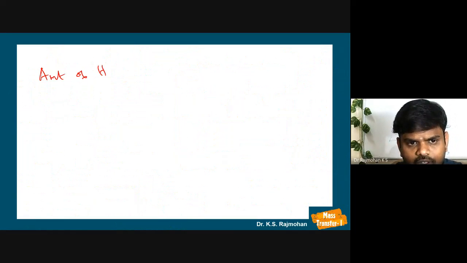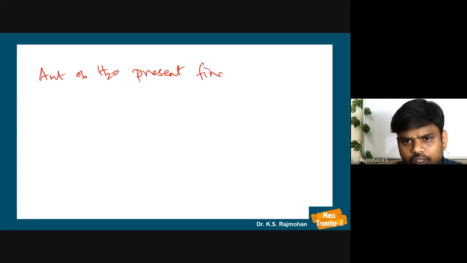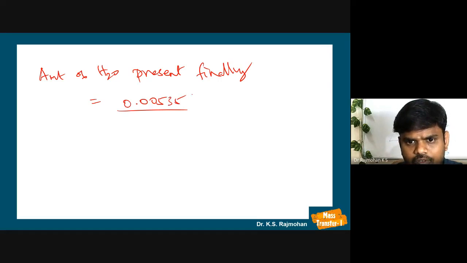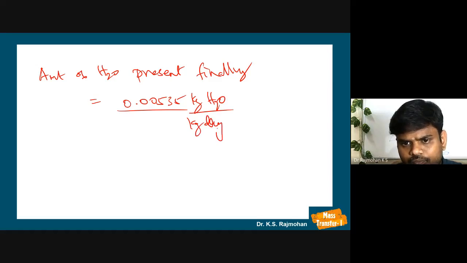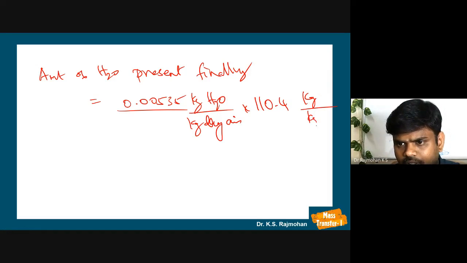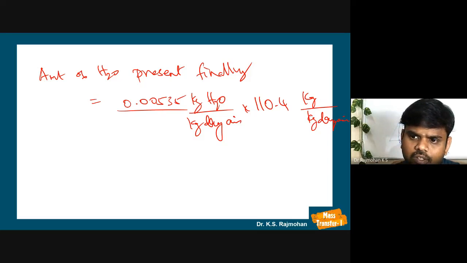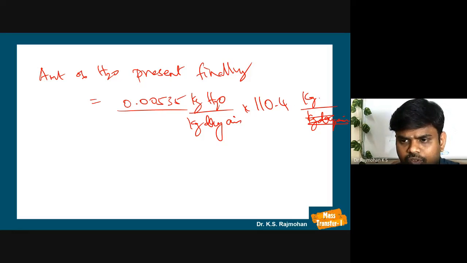Amount of water present finally is equal to 0.00535 kg of water vapor per kg of dry air into 110.4 kg dry air.